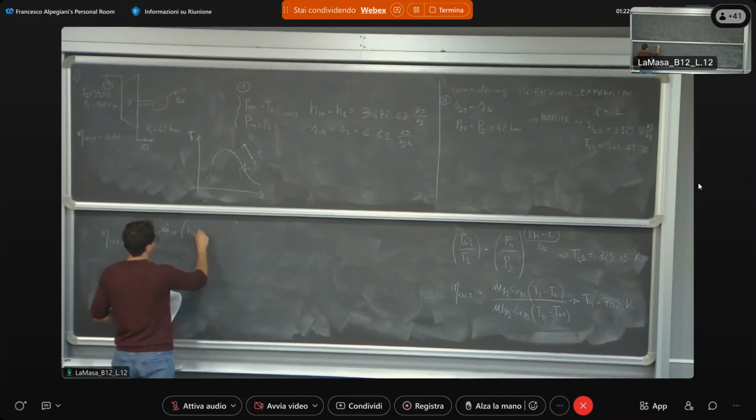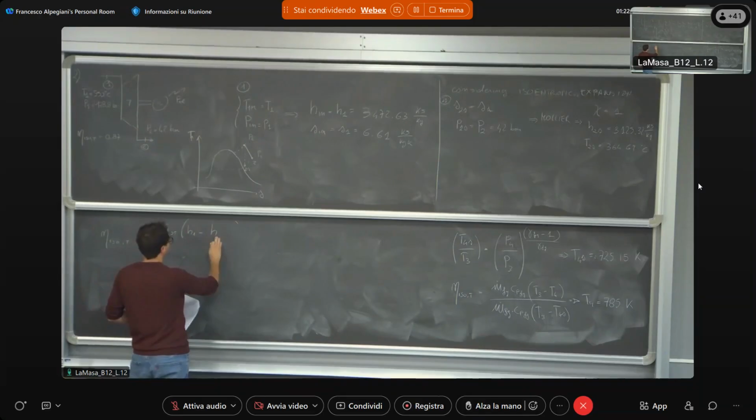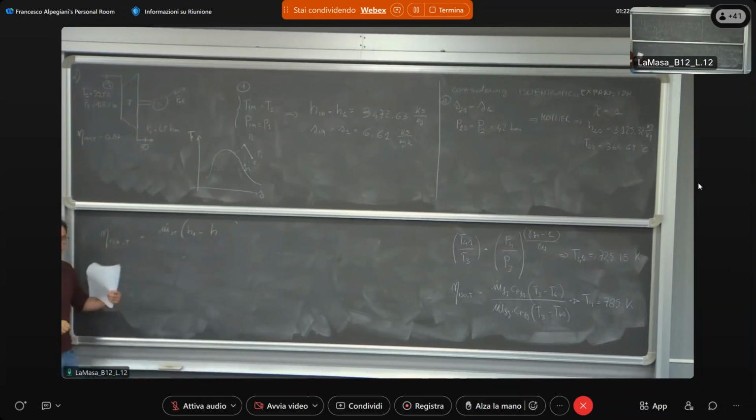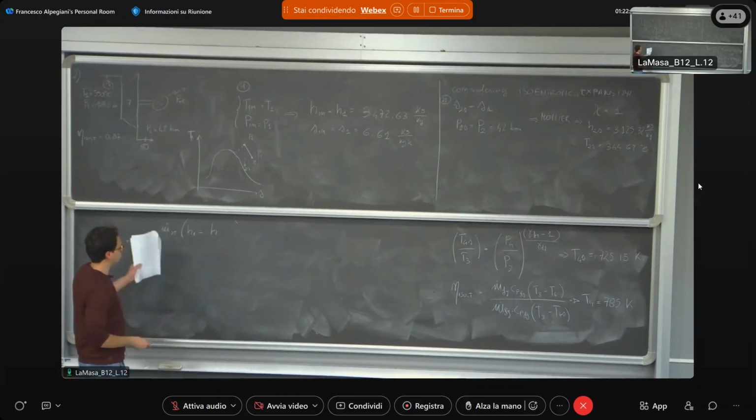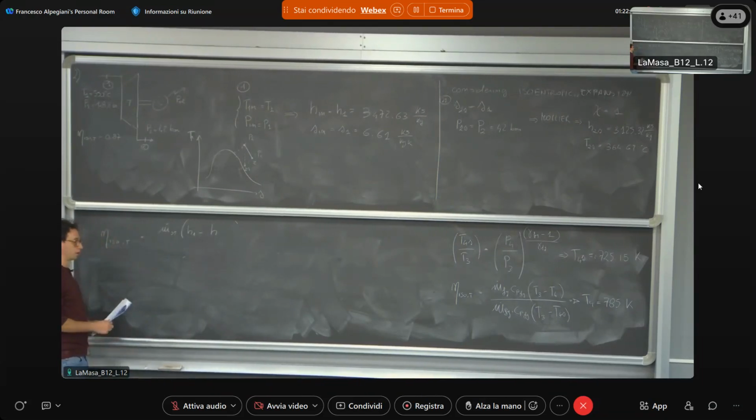So H1 minus, we need to use the enthalpies in this case instead of Cp times T, because we are not considering anymore an ideal gas. For steam, we cannot use the assumption of an ideal gas, so we need to use the enthalpy.